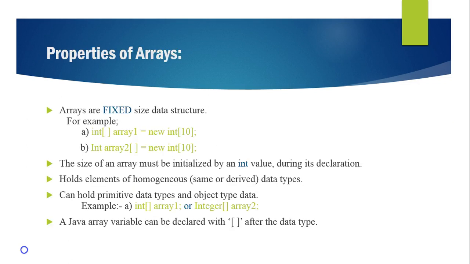Now let's explore the properties of the array data structure. Arrays are a fixed-size data structure and the size must be declared during its declaration. It holds a similar data type, that is either primitive type data or object type data.